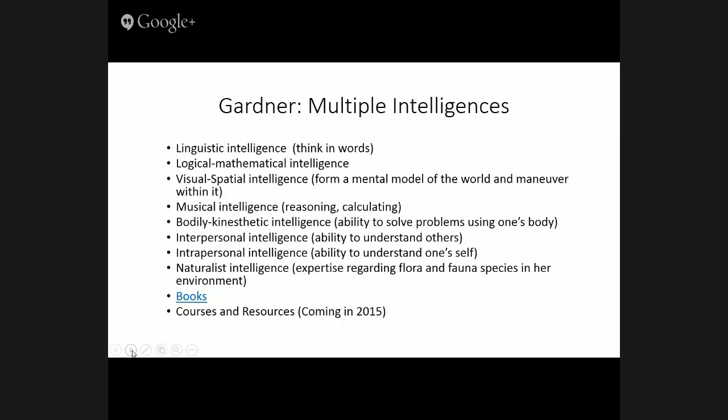Gardner says that a person could have 2 or 3 of these, right? But in a course, you want to try to appeal to as many of these as you can, because people learn and people grow, and people get smarter in different ways.